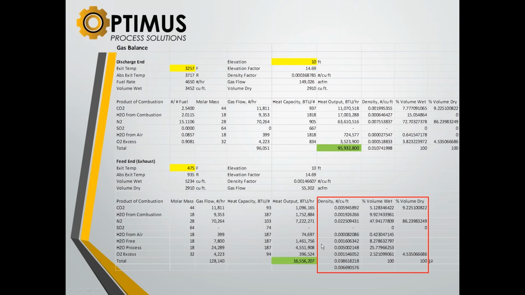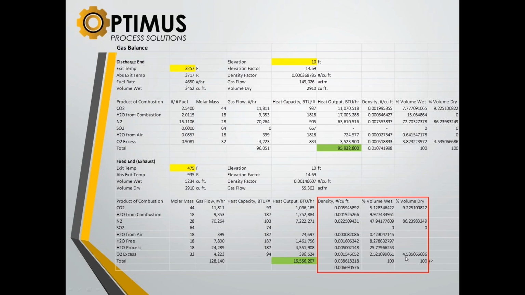For example, on this red box, this is a worksheet of the discharge end and the feed end, and we're looking at the exhaust gases at the feed end. These are the densities that we calculate, the wet volume and the dry volume. In this dry volume, we're looking at the O2 percent, and in this case it was 4.5 dry.